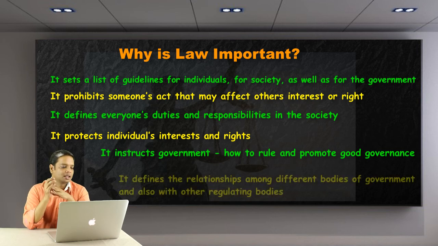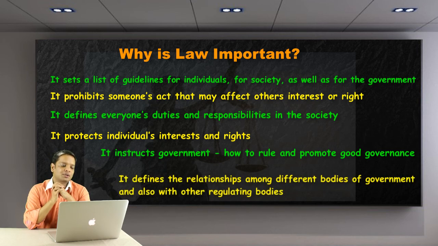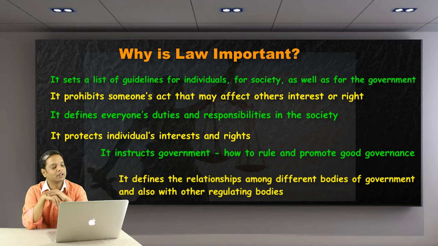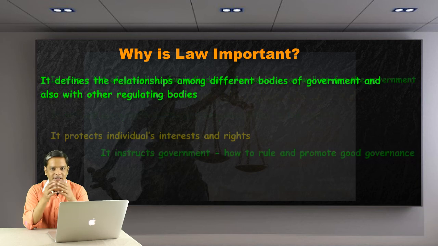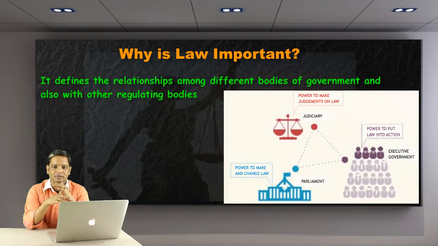Next point is, it defines the relationships among different bodies of government and also with other regulating bodies. This is very simple. Many of you must have seen, even if not related to this subject, through the news and all. See, we have three governing bodies, that is executive, judiciary and legislature. All these three bodies work in harmony, isn't it?